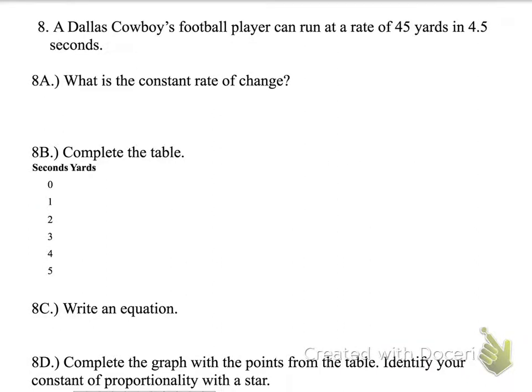A Dallas Cowboys football player can run at a rate of 45 yards in 4.5 seconds. What is the constant rate of change? And so if we remember this, constant is our K. So we take K equals Y divided by X. In this case, our Y is 45 yards.